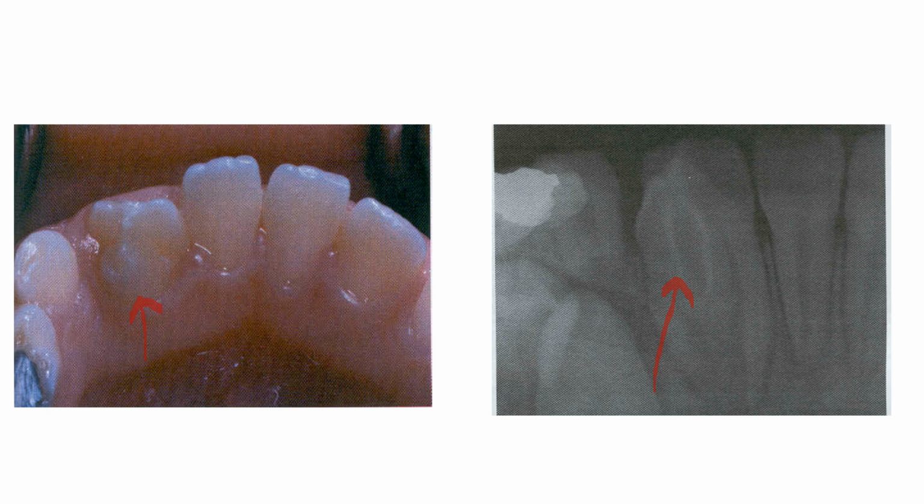In the same patient, the right picture is a radiographic picture of the mandibular lateral incisor. There is a radio-opaque, enamel-lined invagination extending below the level of the cemento-enamel junction. This is the clinical and radiographic picture of coronal dens invaginatus type 2.